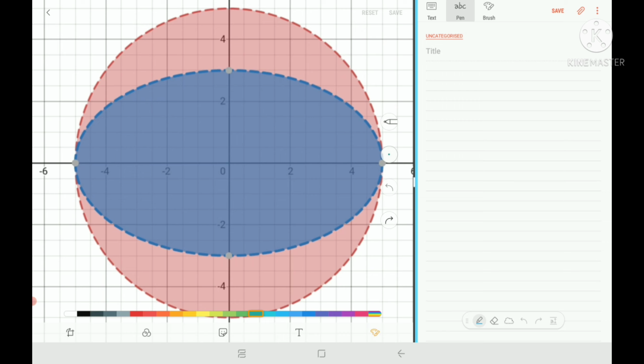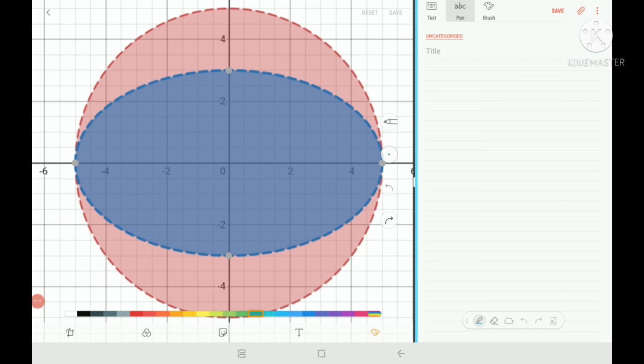That may not be that important, but it is surely required. You should also know the definition of an auxiliary circle, which is the red circle that encompasses the ellipse in this case. And you should be familiar with representing points in 2D planes. Points can be represented by the distance of the point from the origin and the angle of elevation, which is again translated to sine theta and cos theta in this case.